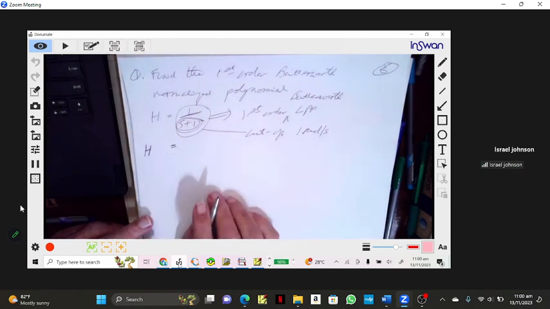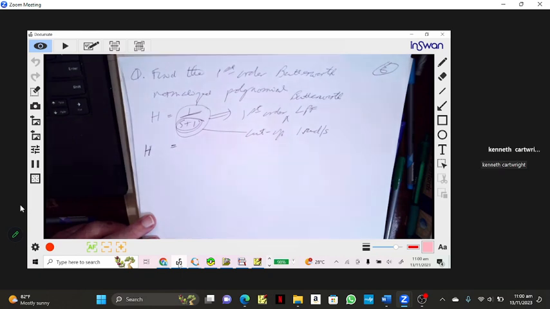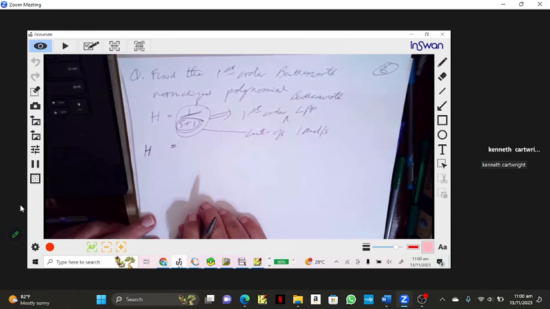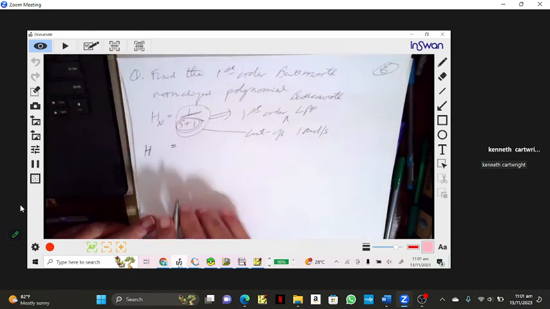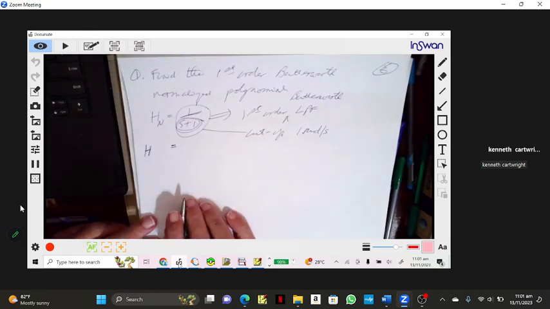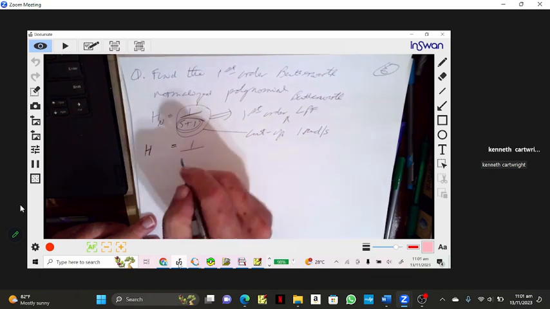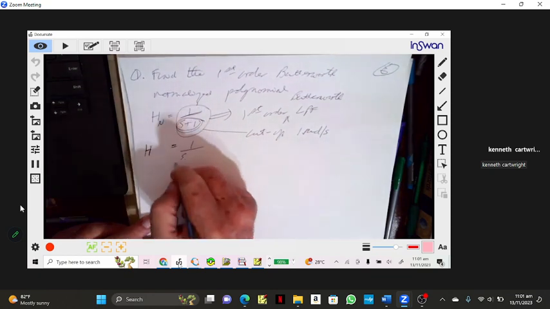Wouldn't s become j omega? No, s is always j omega. That doesn't change the cutoff frequency. So that's H normalized. Where we have s, we replace it by s divided by omega C.